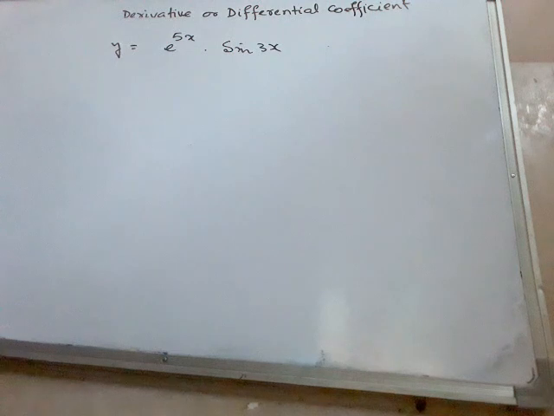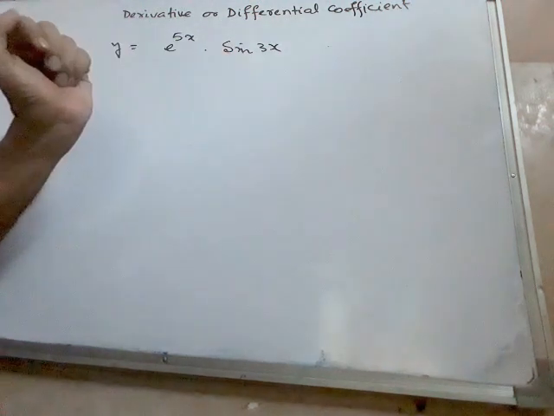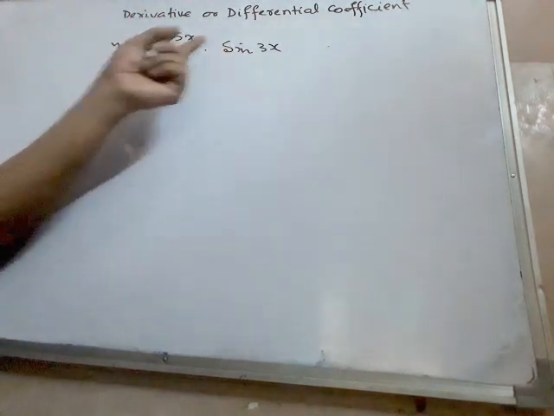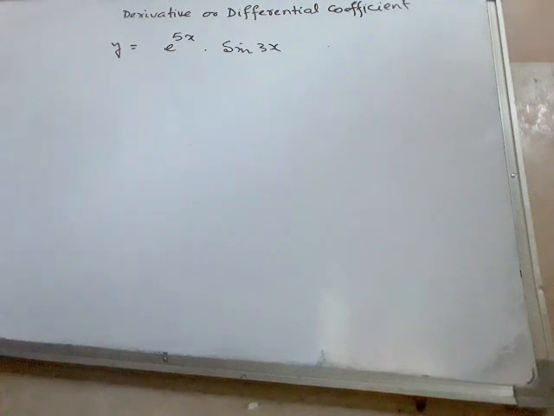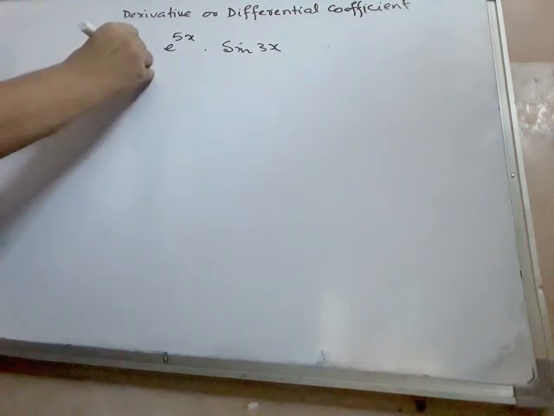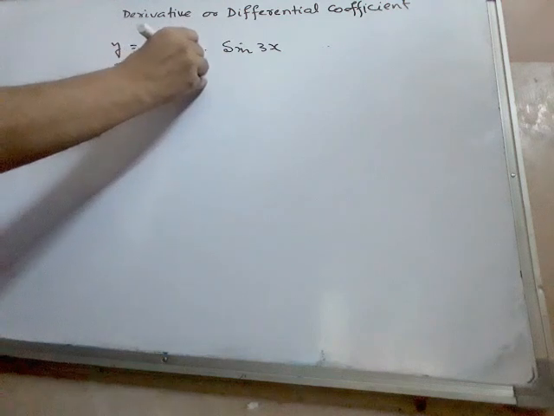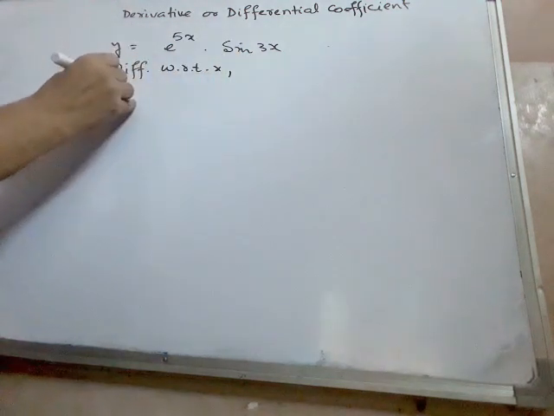This is also product form with two types of functions. So differentiating with respect to x, what will we get?